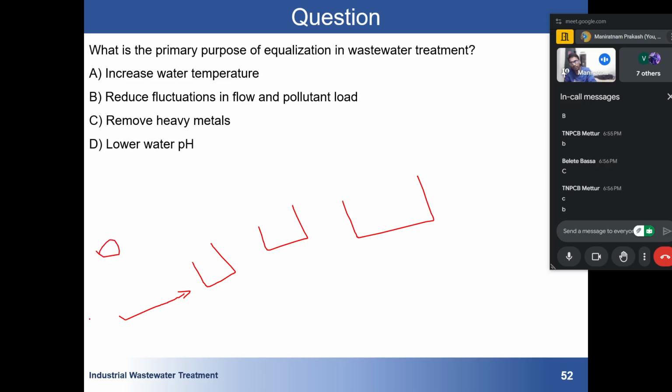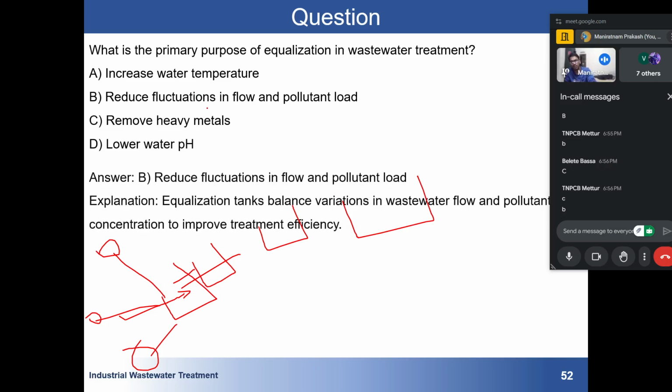Water coming from different parts of the city has different flow, so all of it is collected in an equalization tank, and from there a defined amount of water is passed at a particular flow rate. That's why it removes the fluctuation in inflow and pollutant load. Equalization tanks balance the variation in wastewater flow and pollutant concentration to improve treatment efficiency.